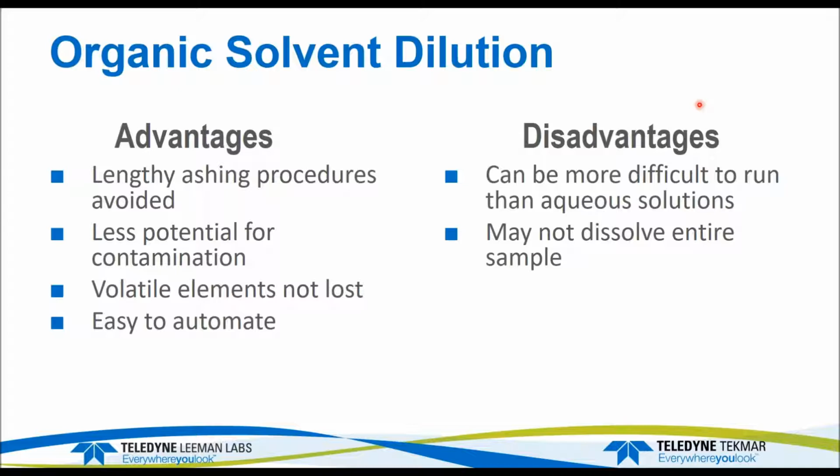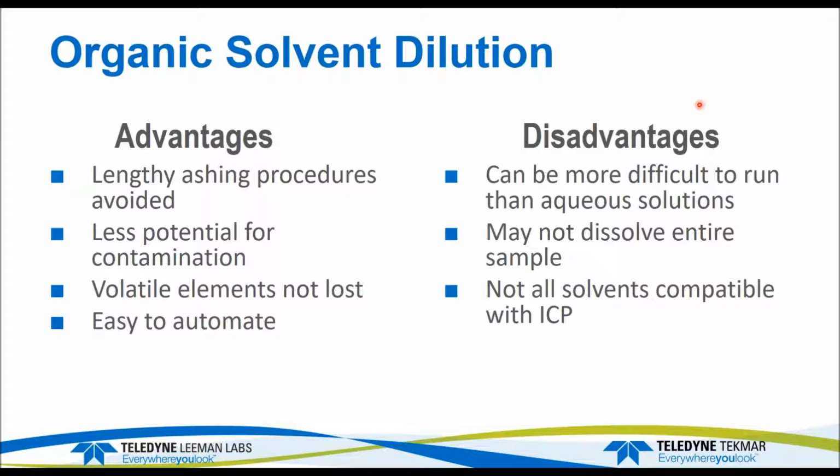So for things like crudes, maybe the better approach is to do the sulfated ashing technique. That will completely solubilize the sample. And not all solvents are compatible with the ICP. You have problems, and we'll talk about it a little bit later in the presentation: the pump tubing, or you may not be able to keep the plasma lit.